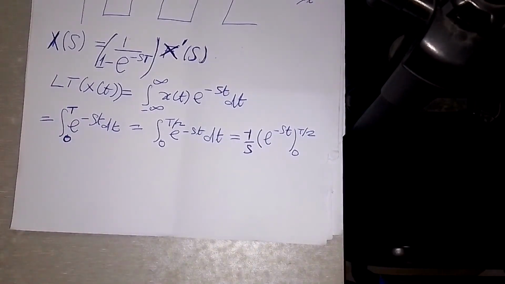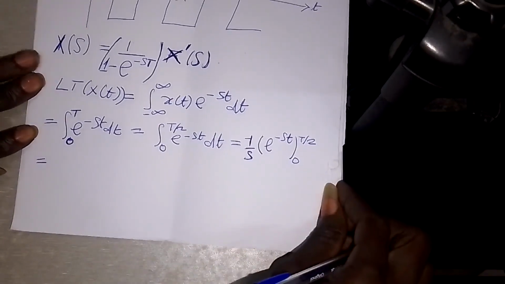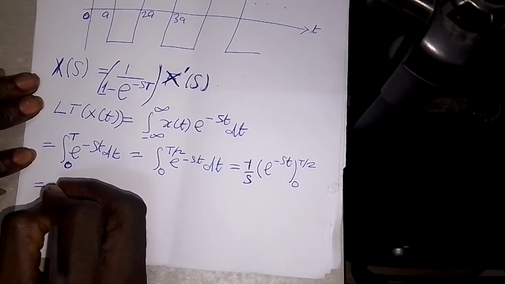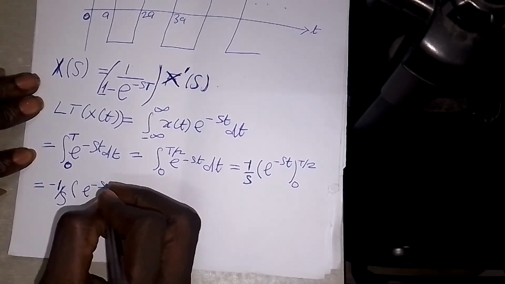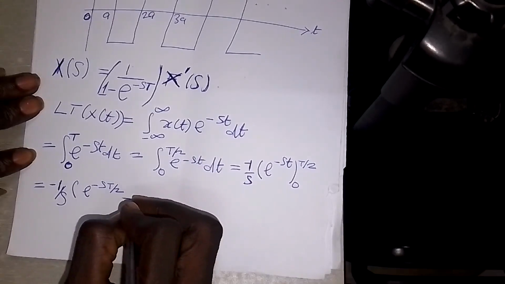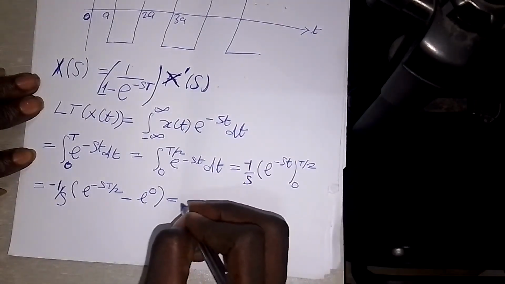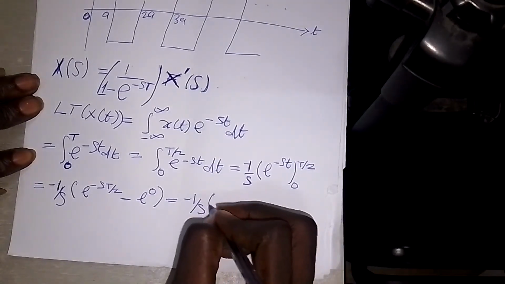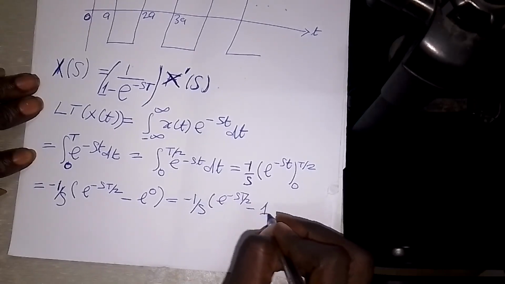Now if I introduce my limits into this equation, I'm going to have minus 1 on s, into e to the minus sT on 2, minus e to the 0. So I get minus 1 on s, into e to the minus sT on 2, minus 1.